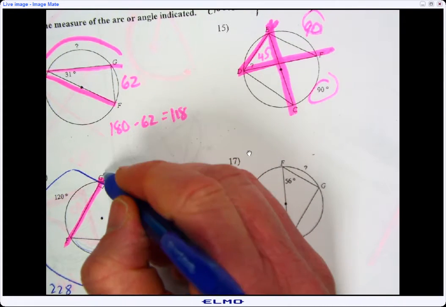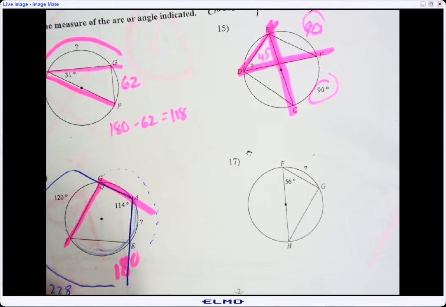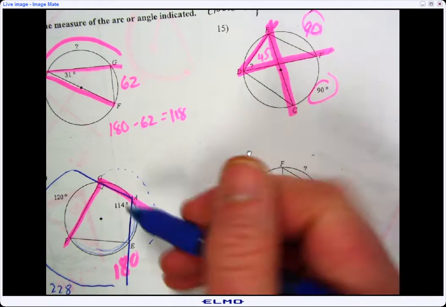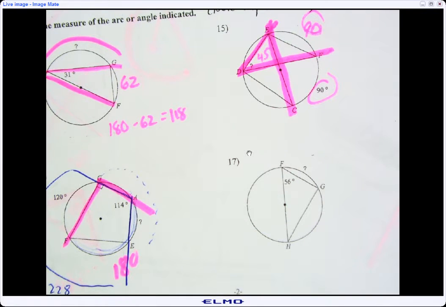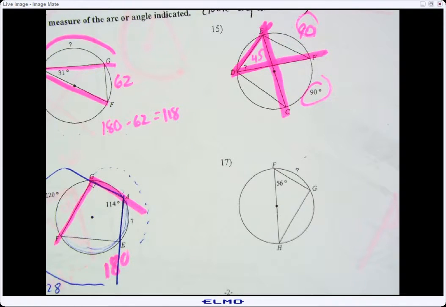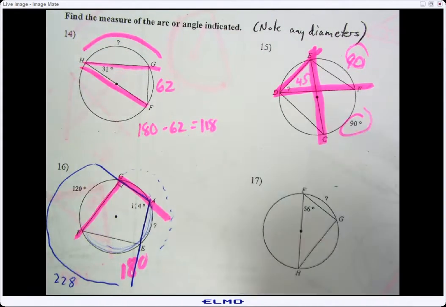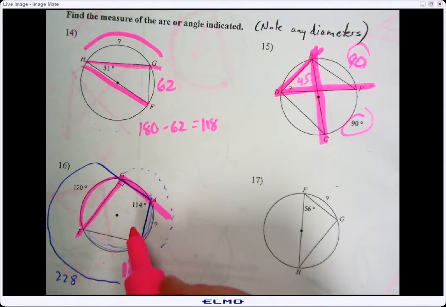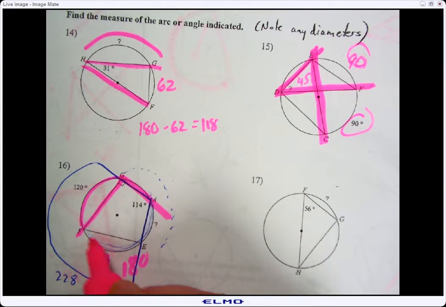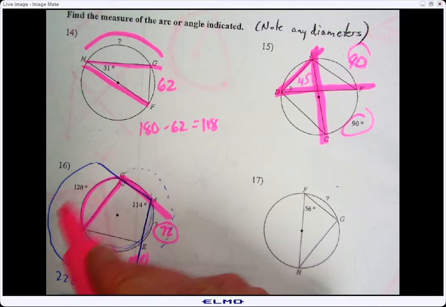My goal is to find each of these arcs so I can subtract. So all from here to here is 120, and we have to add up to get all the way to here. It's 228, so that leaves us with 108. This is 180. That makes that 72. If you want, you could keep subtracting all the way around.